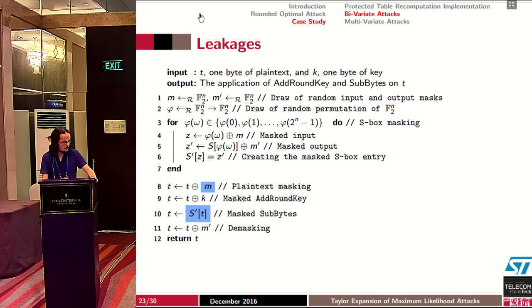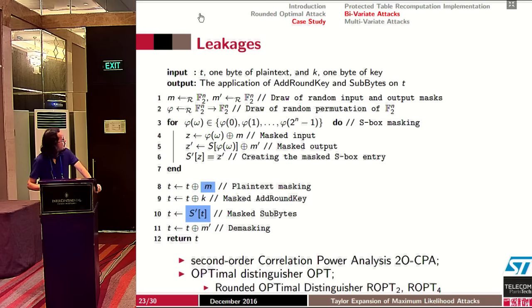Of course, this kind of algorithm can still be defeated by exploiting the leakages of the classical cipher, so by building bivariate attacks. For example, we can apply the second-order CPA, or the optimal distinguisher, as in this case no shuffling is involved. But we can also apply our new rounded optimal attack, for example, at degree 2 or 4.